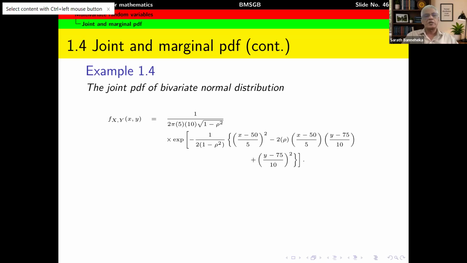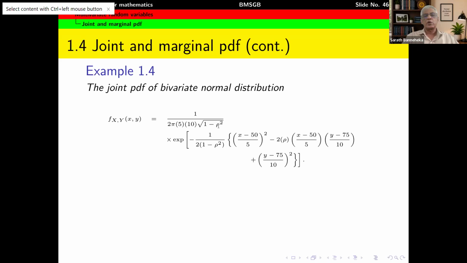But here I have taken some particular values for the mean of x and standard deviation of x, and the mean of y and standard deviation of y. I have kept the correlation as a parameter because I want to show how the shape of the joint bivariate normal density function changes when the other parameters are kept fixed, how the shape changes with the value of the correlation coefficient, right?